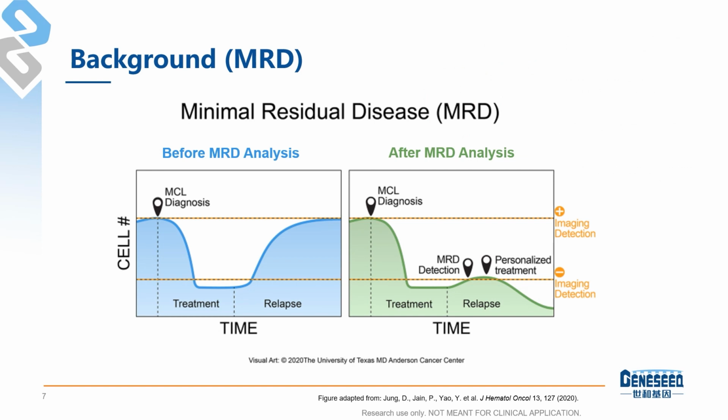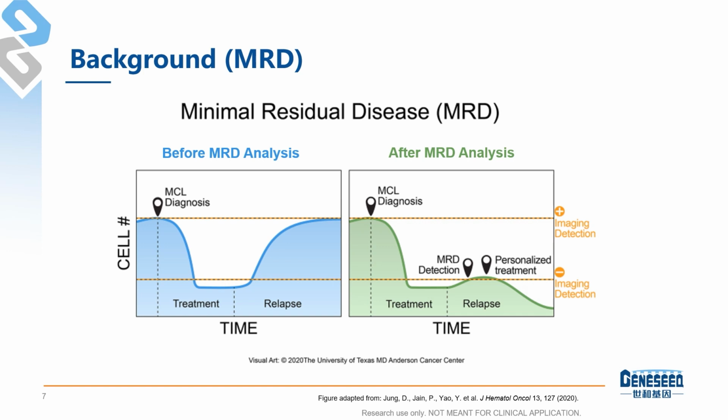To put what I've been talking about into a more graphical format, I've adapted this figure from a paper published in 2020, which compares before MRD analysis and after MRD analysis. Over here on the left side, we can see that after treatment has ended, there still remains a small amount of cancer cells inside the body, which is essentially invisible to imaging detection. However, as those cancer cells grow and divide, they reach a threshold at which point they can be detected by CT scans.